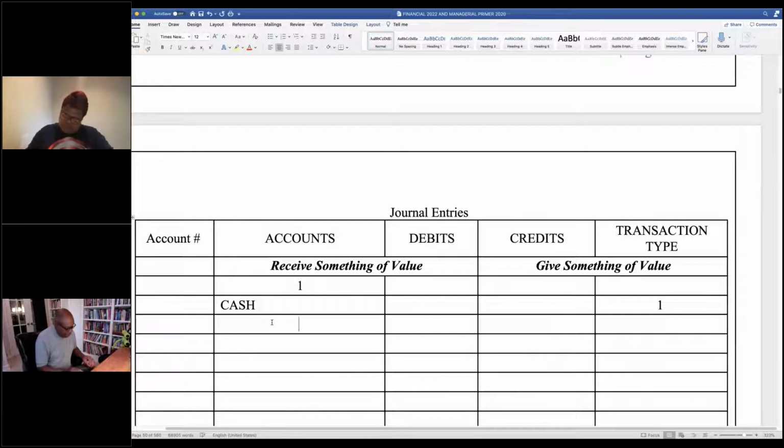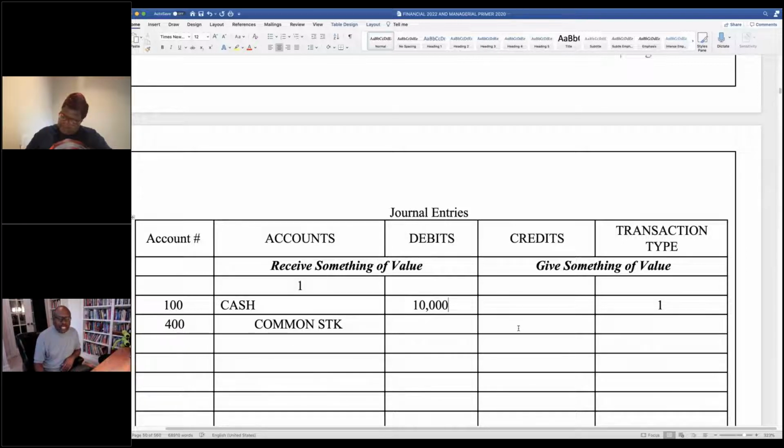We're going to credit common stock. Cash is what number? Account number? 100. Common stock? 400. What was our amount? 10,000.